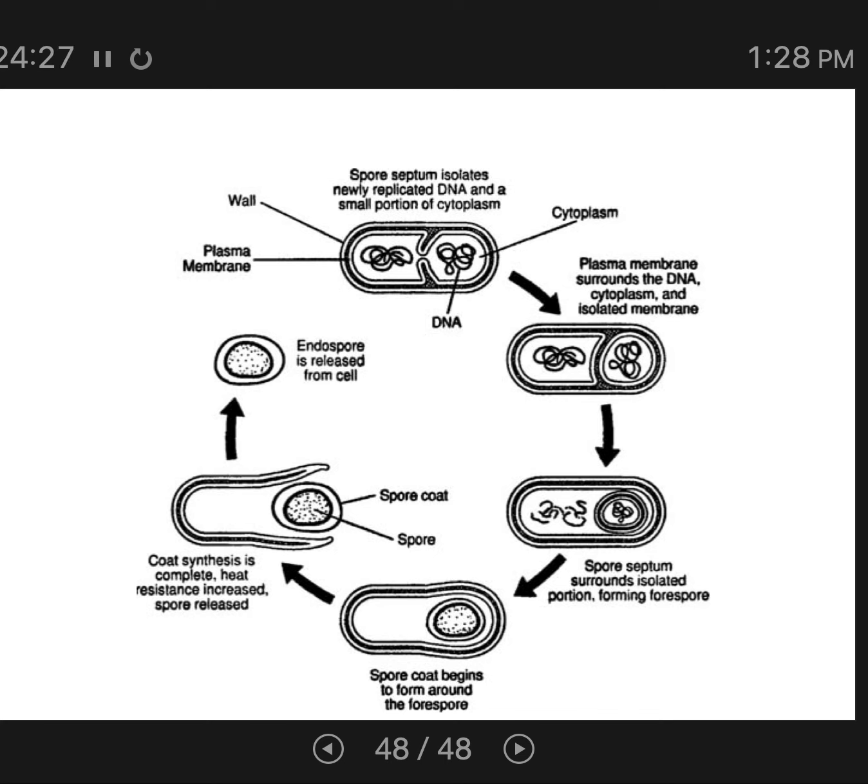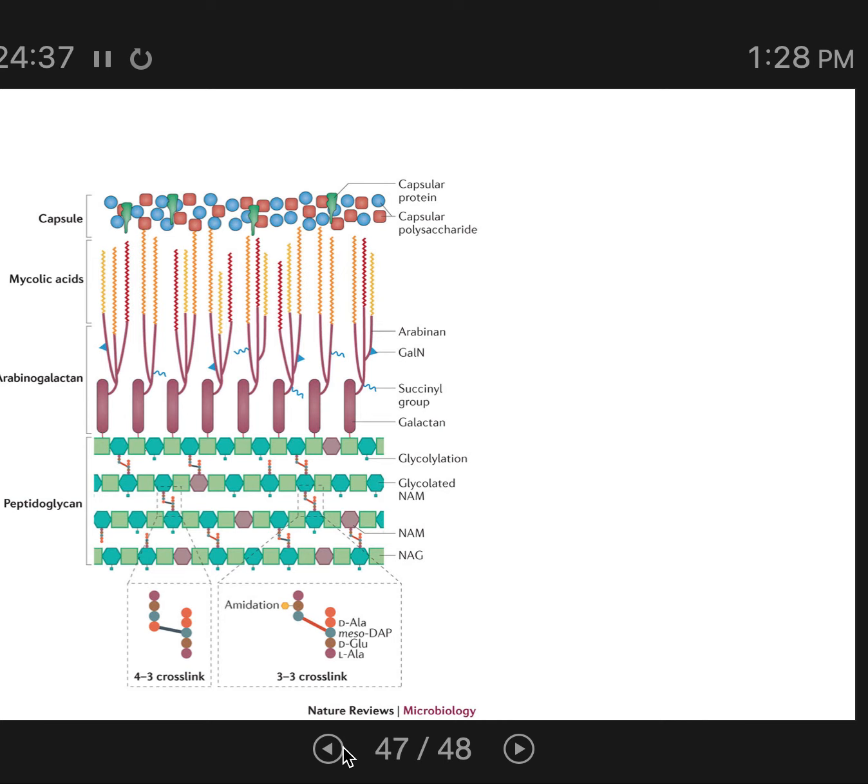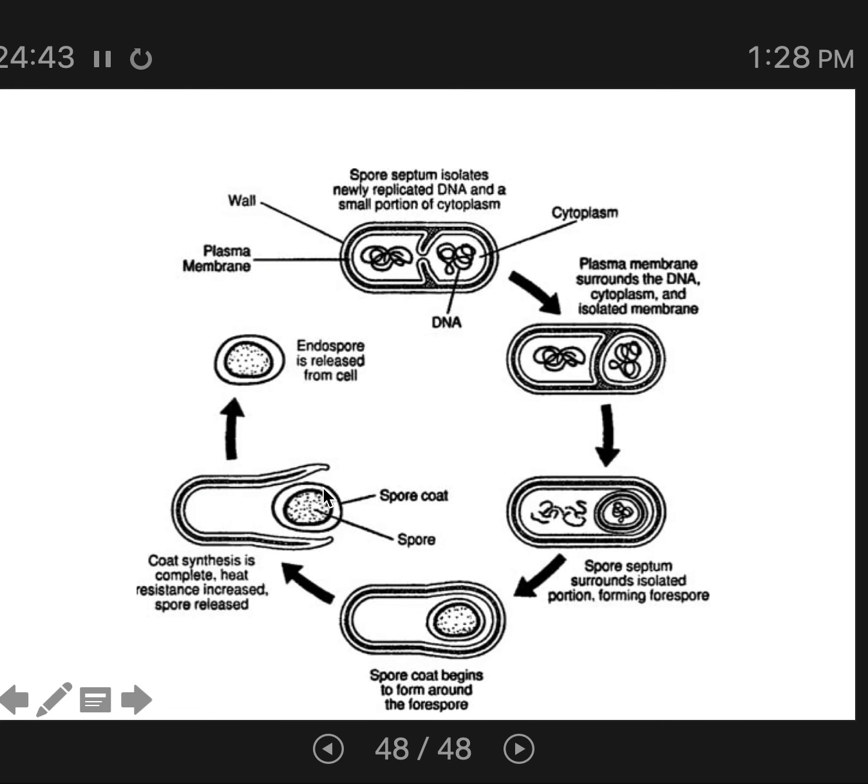So the protective shield of the endospore is protein. Phenols aren't that effective against proteins. The protective shield for mycobacteria is a lipid. Phenols are active against lipids. Phenol is going to destroy this shield for mycobacteria before it destroys this shield for endospores because it acts against lipids more than it acts against proteins.